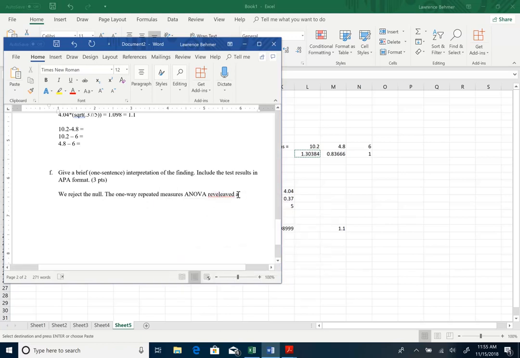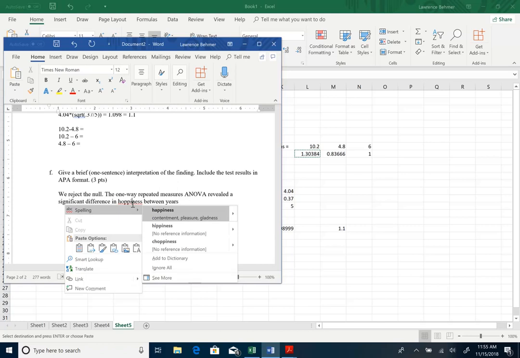I spelled it so bad it won't even give me the option. Revealed a significant difference in hoppiness between years. Is that not a word? It should be a word. Hoppiness. No, not happiness, not hippiness. Hippiness is a word, but hoppiness isn't.